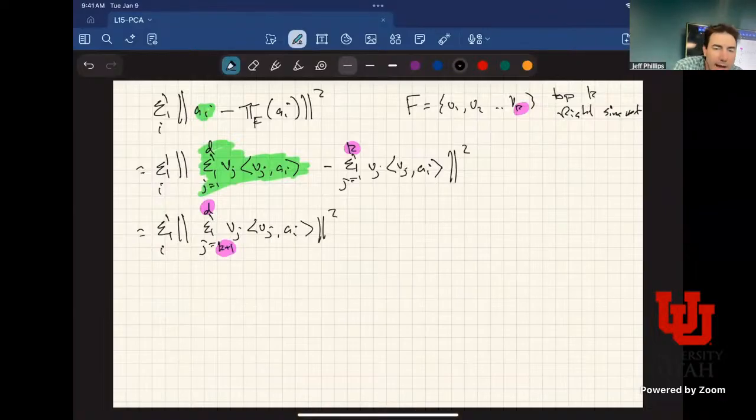And now by the Pythagorean theorem, I can pull the sum of the j terms out.